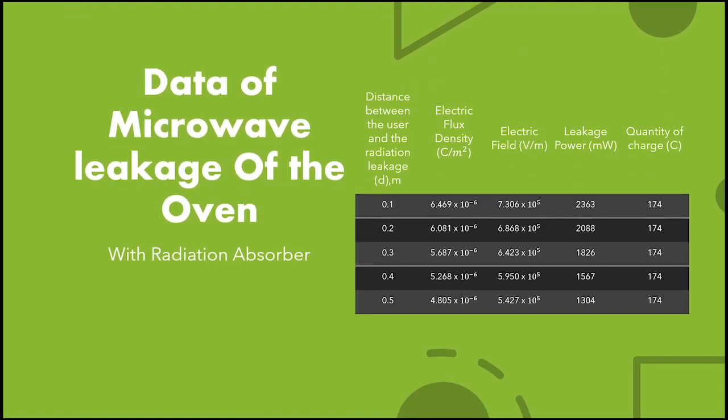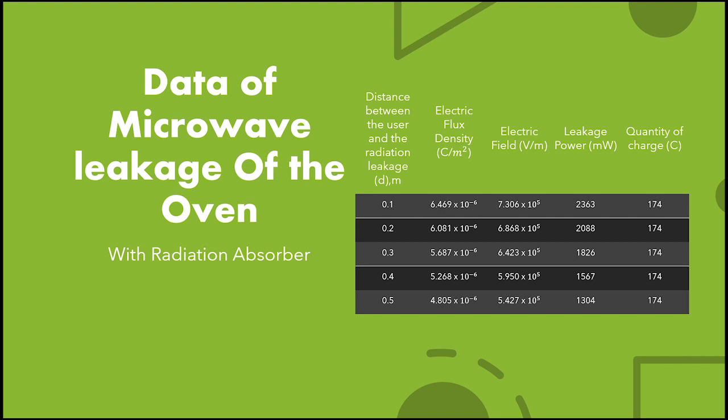So next we proceed with the data of microwave leakage of the oven by using radiation absorber. As you can see in this experiment, we set the same values for the distance between the user and the radiation leakage, but some of the values of the leakage power are different from those without the radiation absorber.